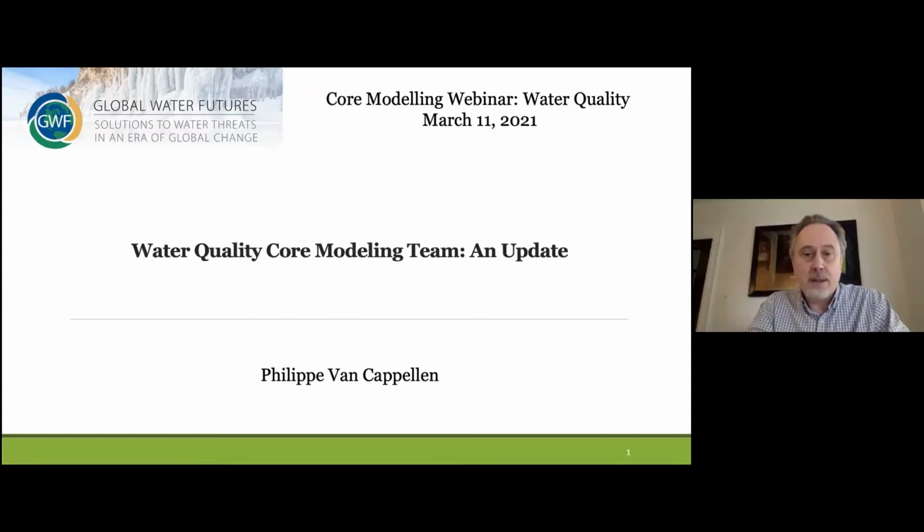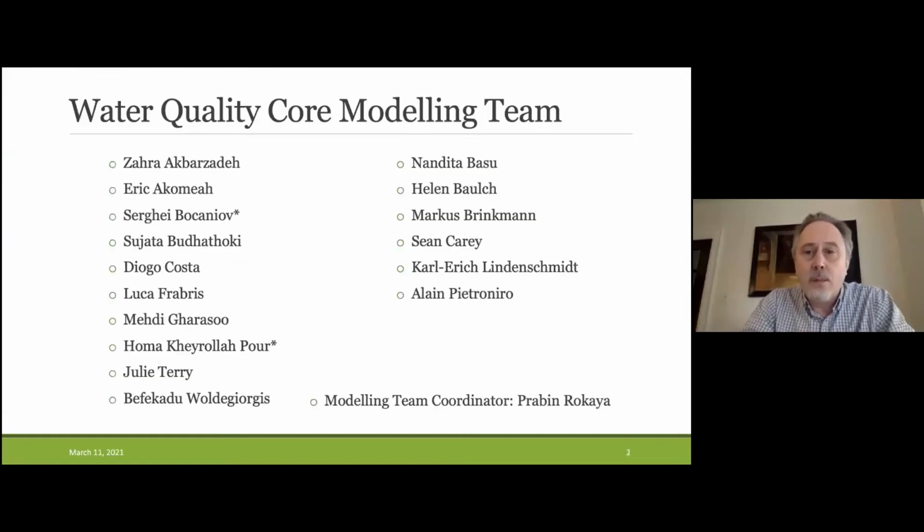So let me first start by introducing now the water quality core modeling team. On the left-hand side is the list of the current and two former postdoctoral fellows and associate researchers that form the water quality core modeling team. So we have Zara, Eric, Sergey, Suyata, Yogo, Luca, Mehdi, Homa, Julie, and Bifikadu.